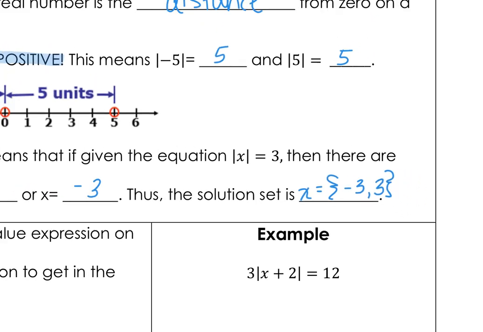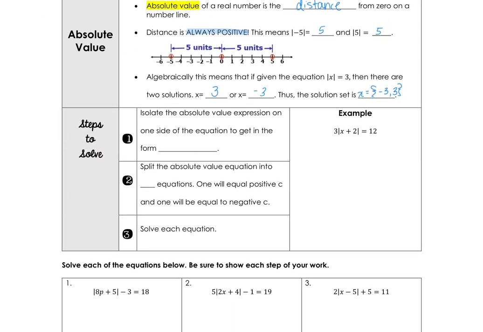All right, so now that we've reviewed that a little bit, let's go ahead and apply it to solving an absolute value equation. We've got our steps here, and I've given us an example problem. The absolute value equation that we're going to solve is 3 times the absolute value of x plus 2 is equal to 12. And here's step number 1.